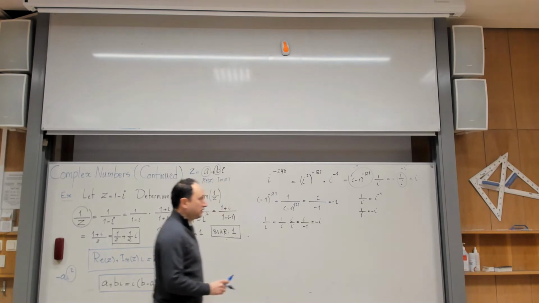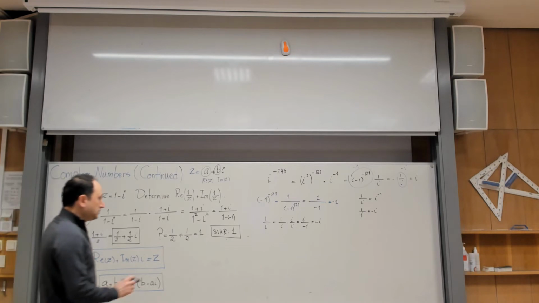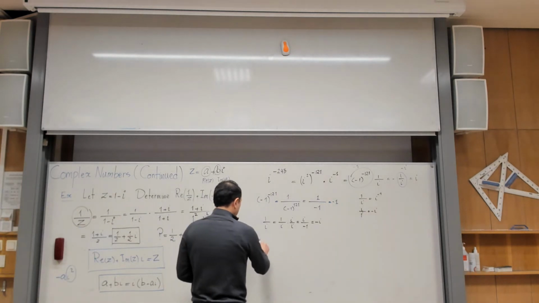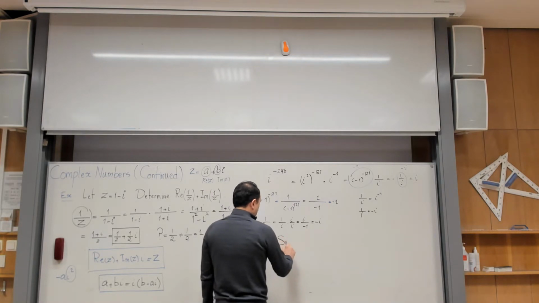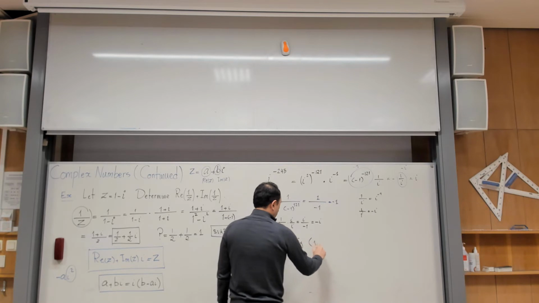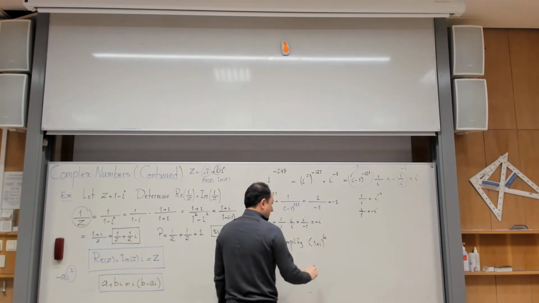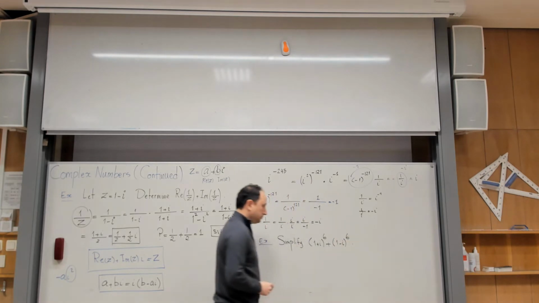So these kinds of calculations, I think, are not hard for you to do. Okay, for example, let me give you another example. We want to simplify this expression as much as possible: 1 plus I to the power of 6 plus 1 minus I to the power of 6.